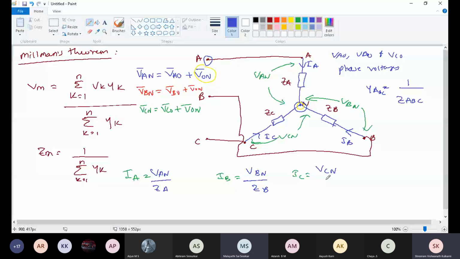This is how we are going to solve by applying Millman's theorem.